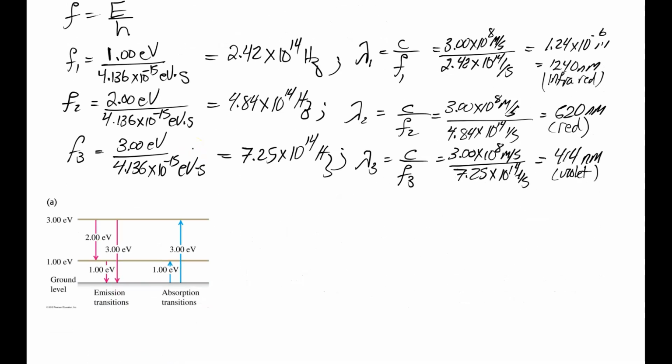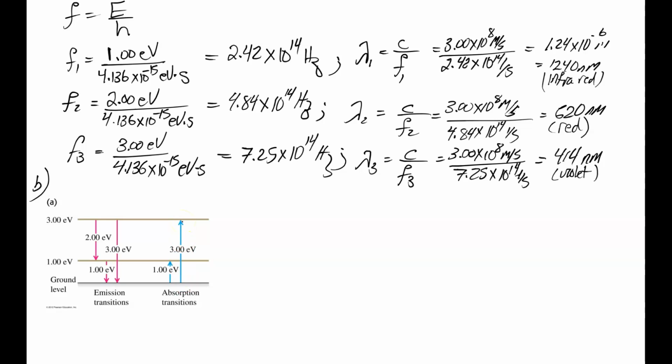And for part B, if we look at the graph that's given, we notice that from the ground level we can have an absorption of either 1 electron volt or 3 electron volts. Right? So the blue lines are either 1 electron volt or 3 electron volts.